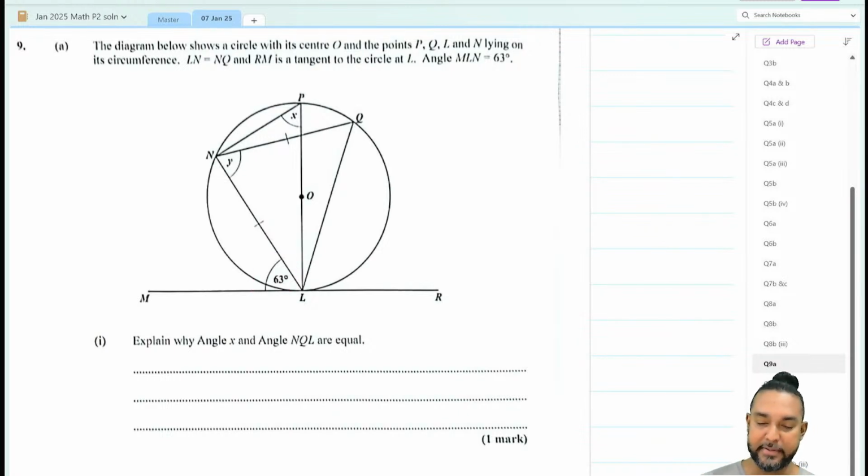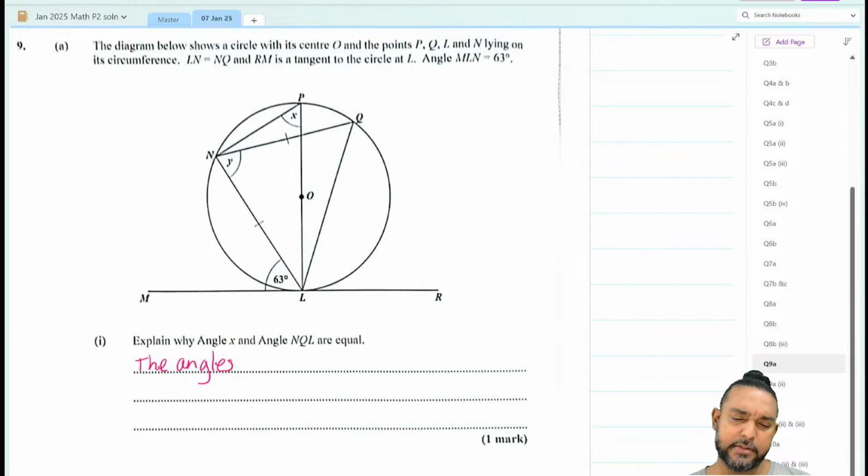Explain why angle X and angle NQL are not equal. Okay, well, I think the people might have thought that was angles in the same segment, right? So the angles are not in the same segment, nor standing on the same arc.